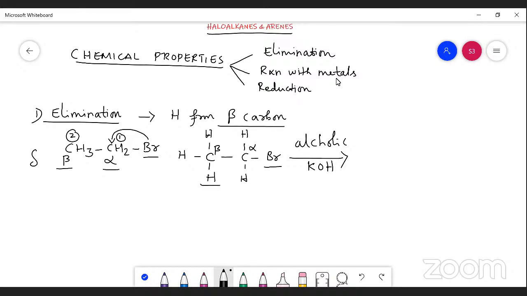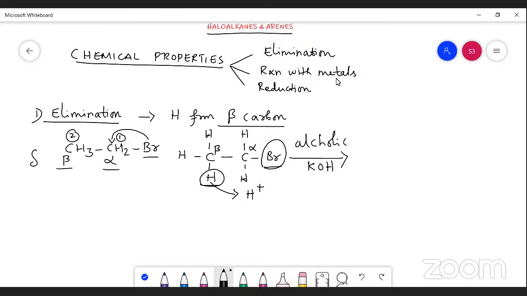If you want, you can take whichever hydrogen, but only one hydrogen. No need to take all 3 beta hydrogens, that is wrong. So from the C single bond Br, from the alpha carbon I take the Br out, and from the beta carbon I take an H. Carefully note down: the H comes out as H plus.